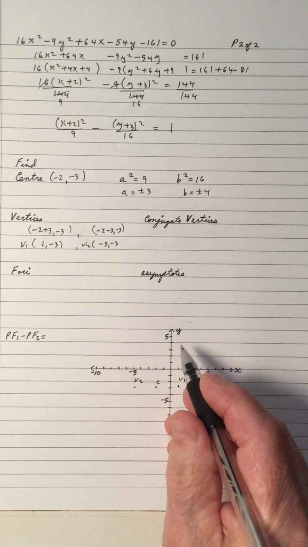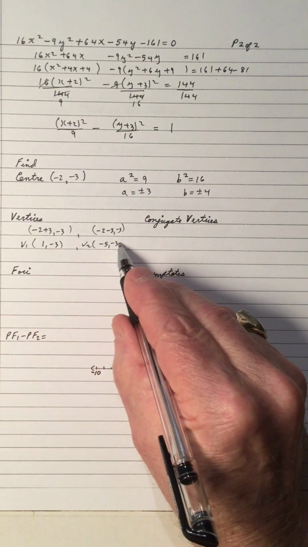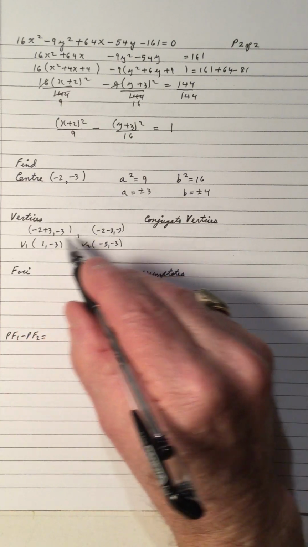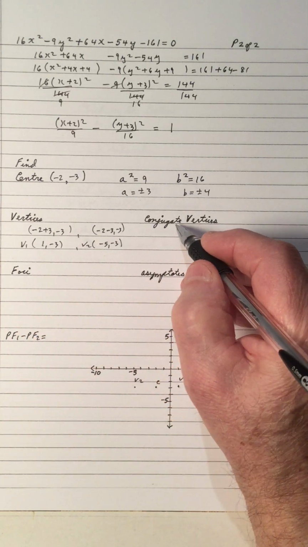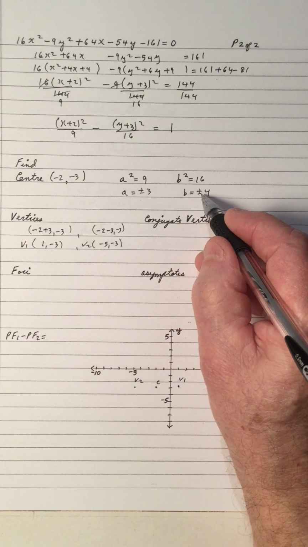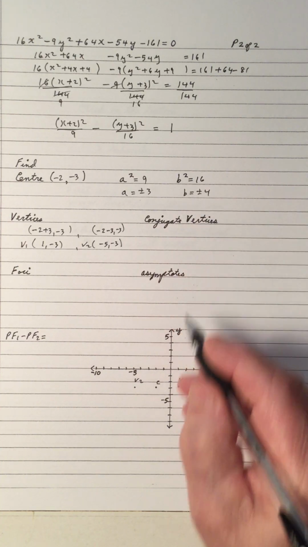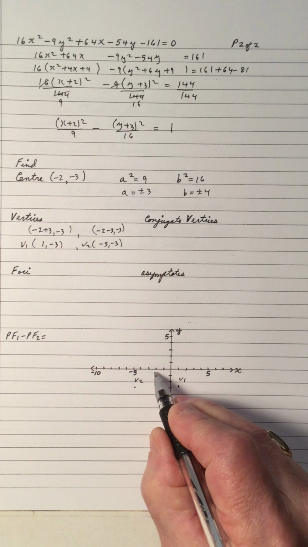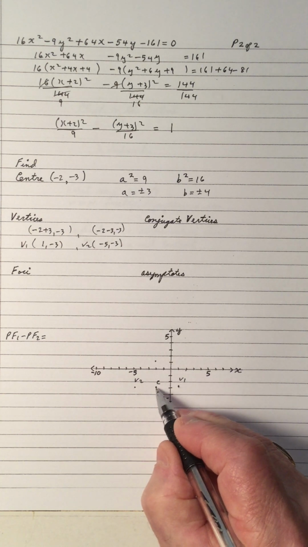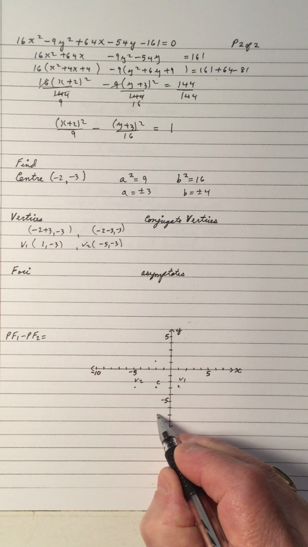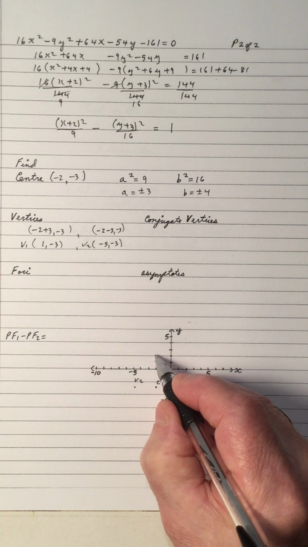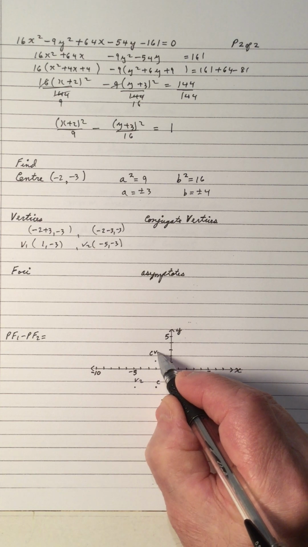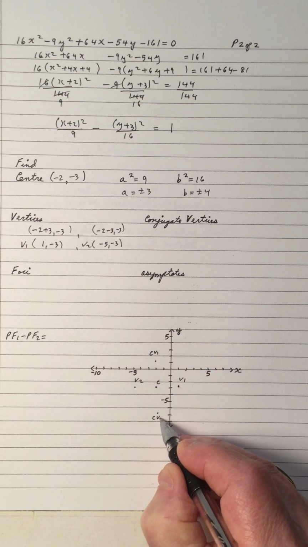And the conjugate vertices: because the vertices are on the horizontal axis, which in this case is the x, the conjugate axis is on the y. So for the y we add and subtract 4. We take the center and go up 4: 1, 2, 3, 4, you hit here. You go down 4, 1, 2, 3, 4, right to here. So this is the conjugate vertex. Let's call them conjugate vertex 1 and conjugate vertex 2.